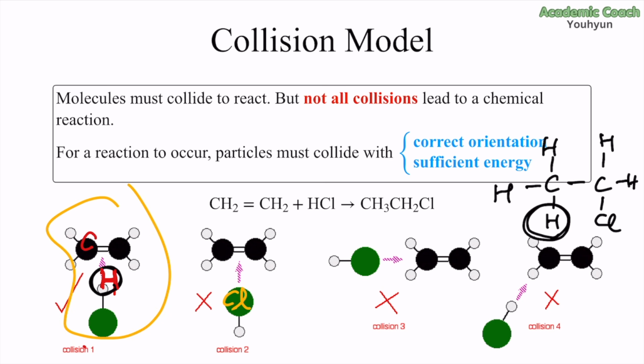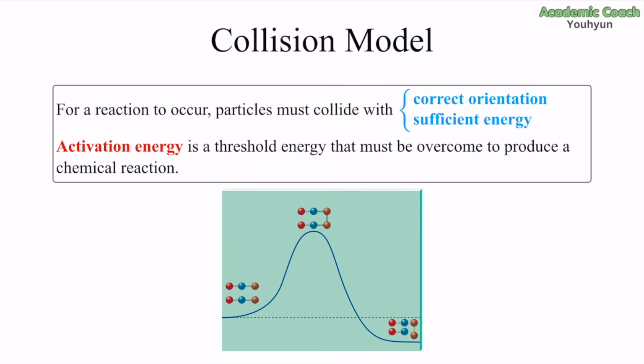So again, this example shows you that the correct orientation is super important to make sure that a collision eventually leads to the chemical reaction. But correct orientation is not the only requirement. Let's say the orientation is perfect, everything is perfect.